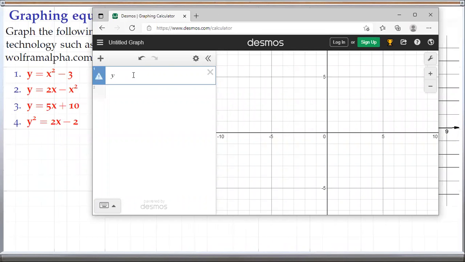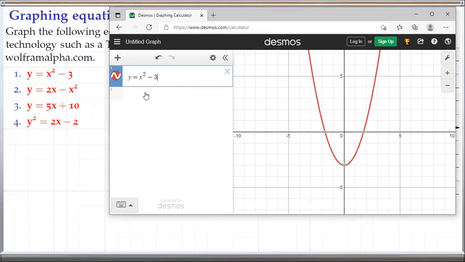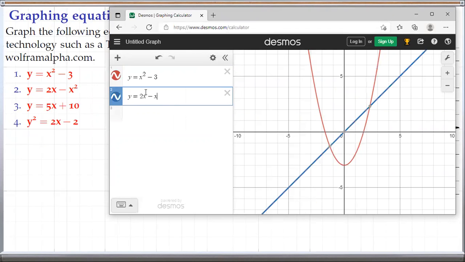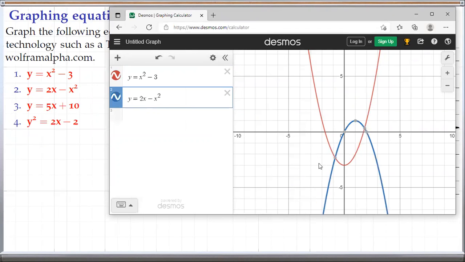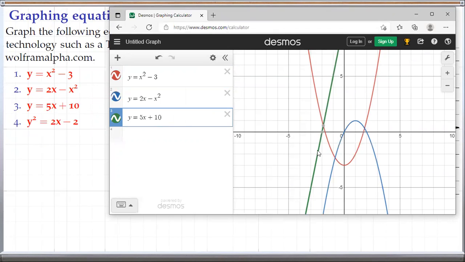The first one is y equals x squared minus 3, and this is the graph that we got in the graphing calculator also. The second one is y equals 2x minus x squared. This is the second graph. The third one is y equals 5x plus 10. This is the third one.